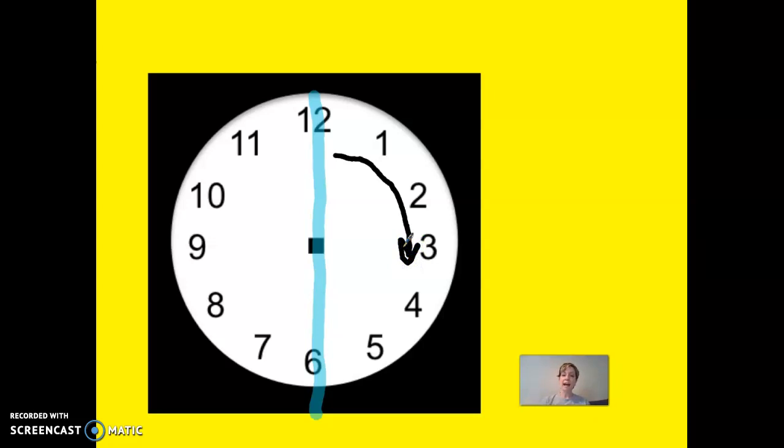So for a half hour, that's the amount of minutes that it takes for our minute hand to get from 12 all the way around to 6. And if an hour is 60 minutes, a half hour, half of that, would be 30 minutes.